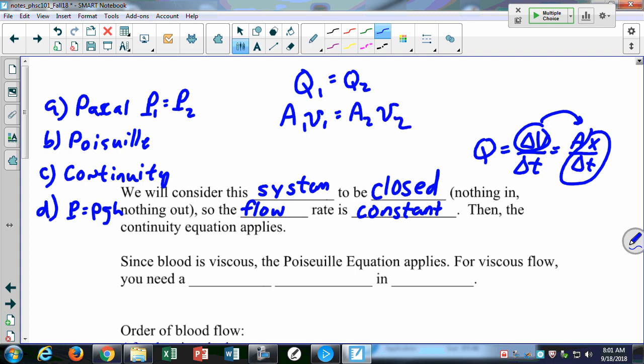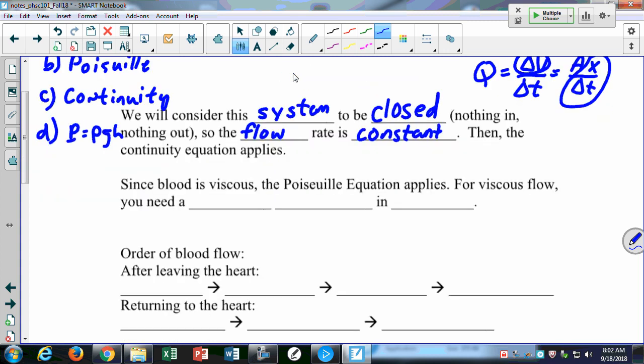That is the equation of continuity, and it arises out of the fact that the flow rate is constant in a closed system. Y'all don't remember that? Come on. All right. Now, since blood is viscous, it's not like water, it's thick. The Poiseuille equation applies. And for viscous flow, you need a continual drop in pressure.